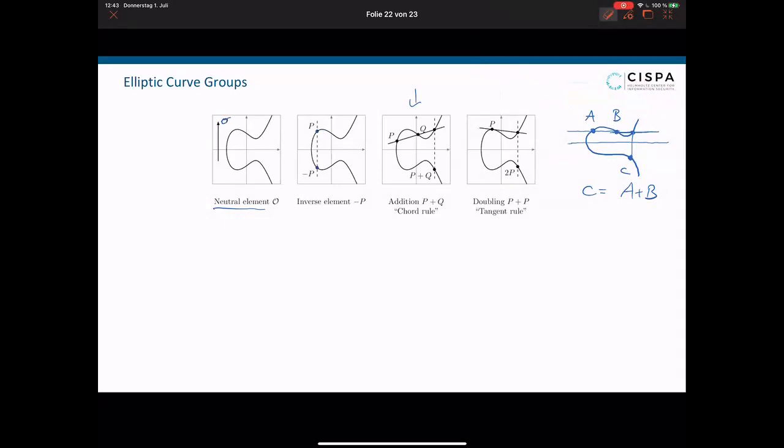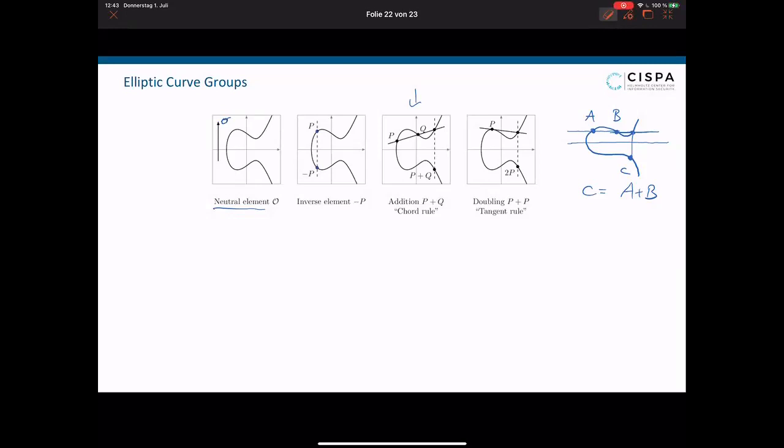And you can even make this precise, right? It sounds like maybe a little bit of math mumbo jumbo, but when you switch from Cartesian coordinates, as drawn here, to so-called projective coordinates, then you can really make it precise to say that the vertical line intersects this curve at infinity.